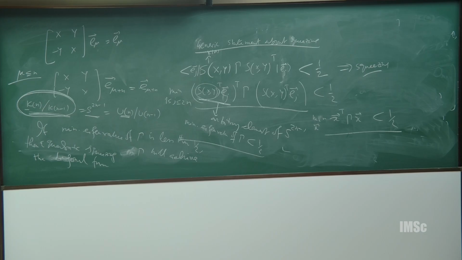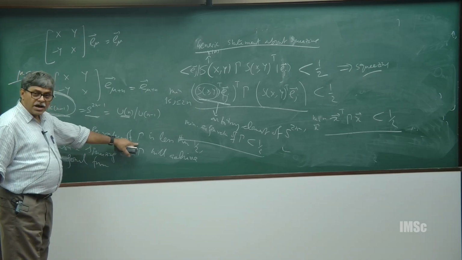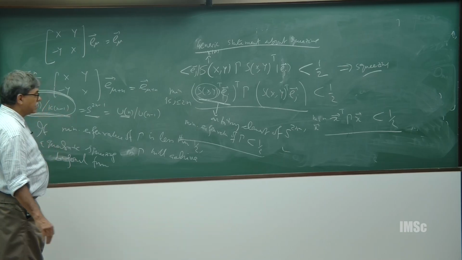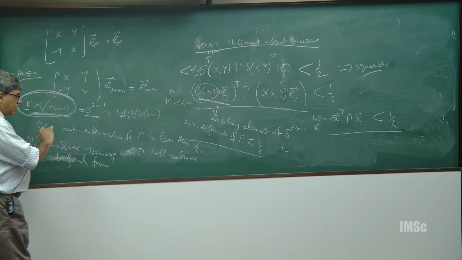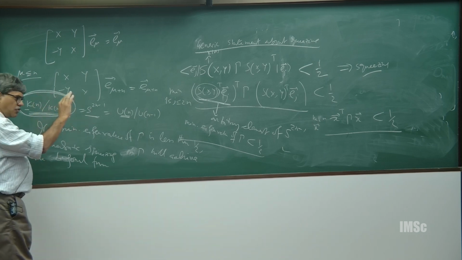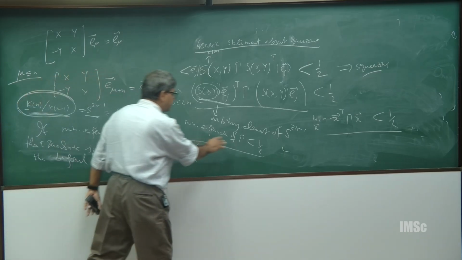Is that clear? Let me repeat it again. What I said is that if at all I can bring this covariance matrix into a diagonal form under application of elements from K_n, modulo this K_{n-1}, then whether squeezing happens, whether that transformation corresponds to squeezing or not, I can figure out by looking at the minimum eigenvalue of gamma.